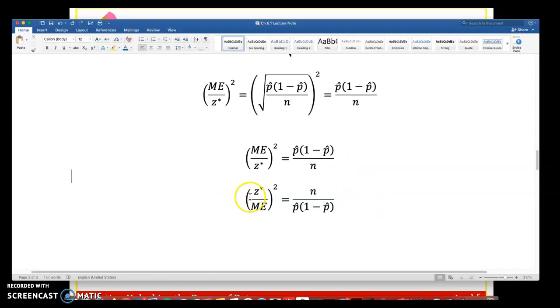And then lastly, I can multiply both sides times p hat times 1 minus p hat. I need to make sure to do that on both sides.